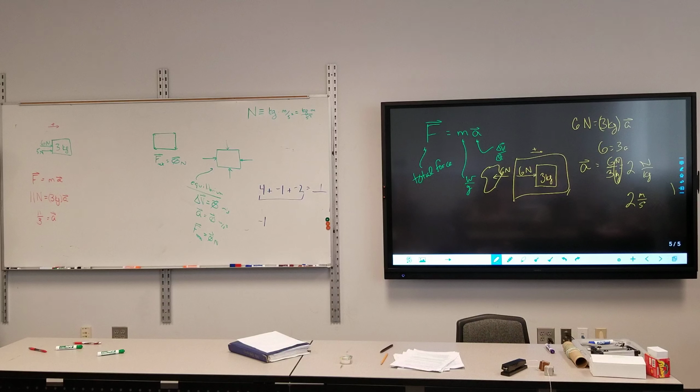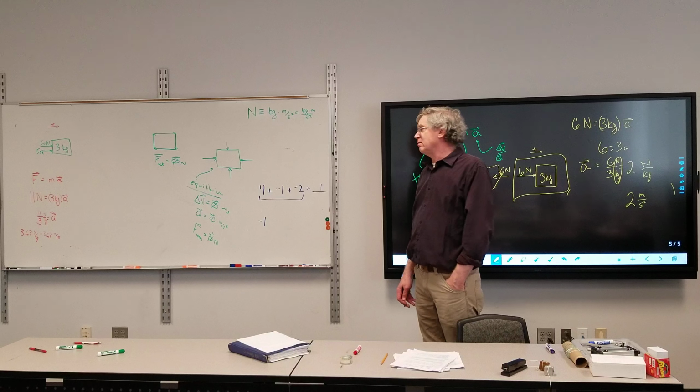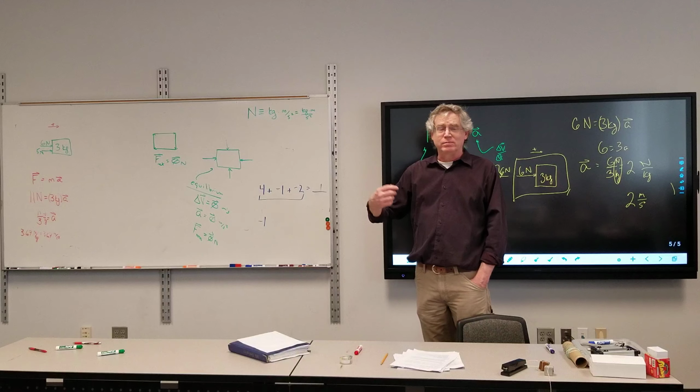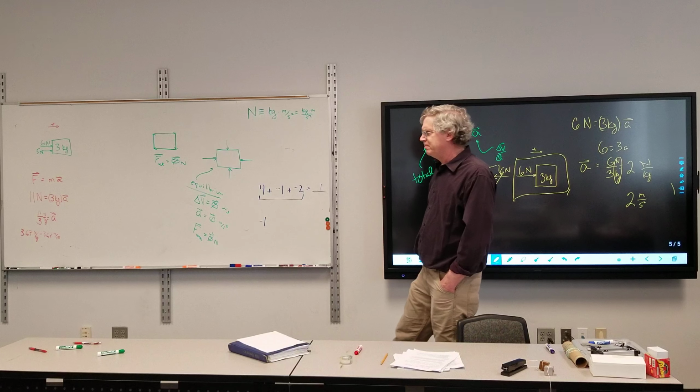Newtons per kilogram, yeah, that works, or 3.67 newtons per kilogram, or 3.67 meters per second squared. In 151 and 251, I might throw an extra wrench into it by saying 3,000 grams instead of 3 kilograms, but I tend not to do that for 110.